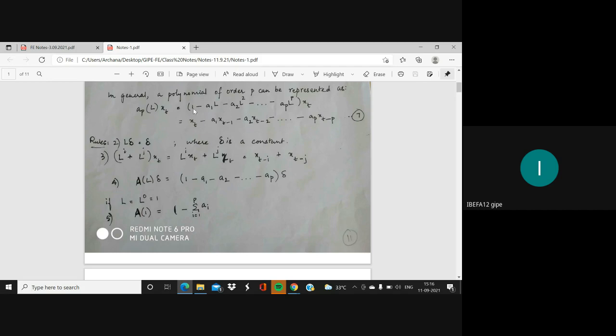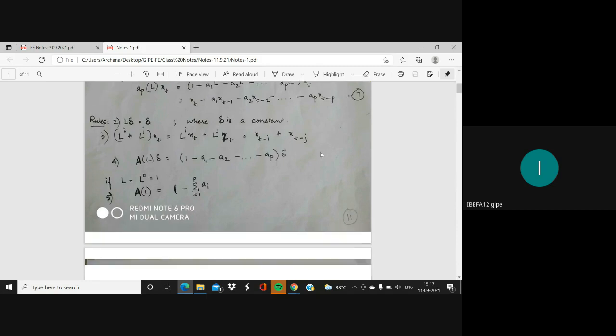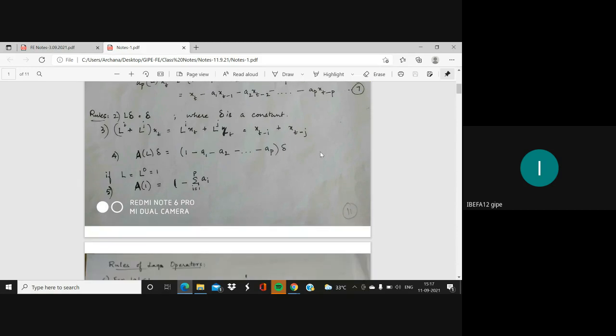So this means that there are p autoregressive coefficients and you'll be taking p lags of this time series xt. This will give you a1 xt minus 1, a2 xt minus 2 and so on, up to ap xt minus p. This is simple, right? I hope you all are able to understand this.